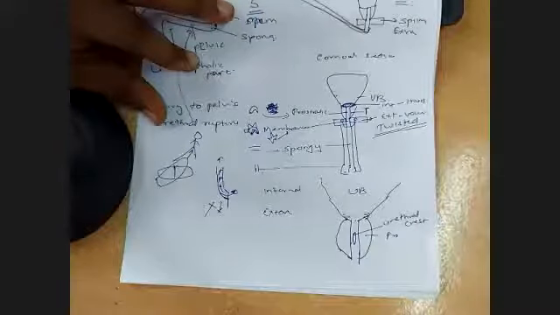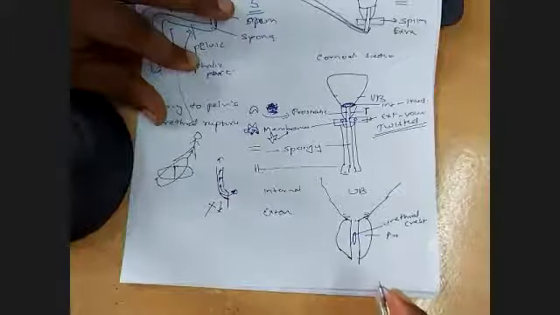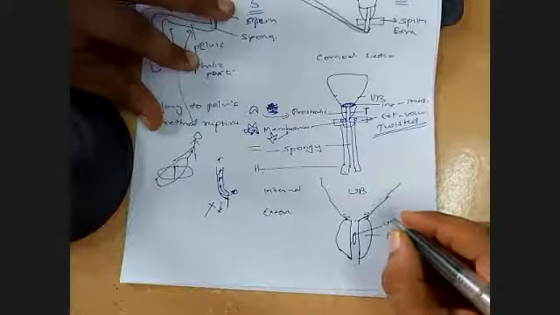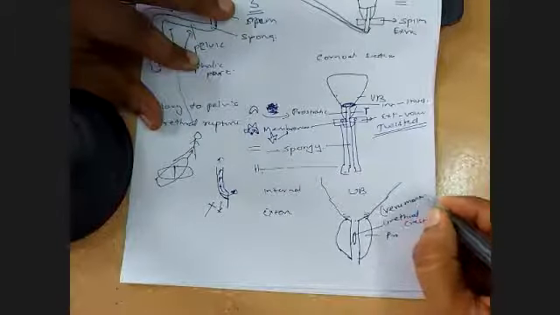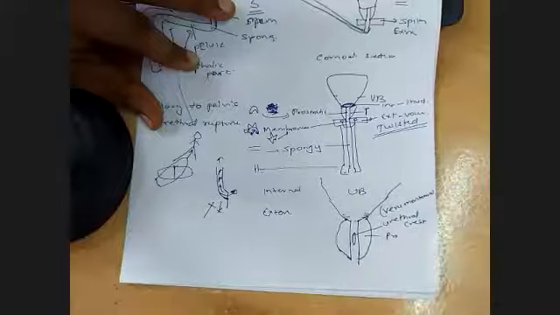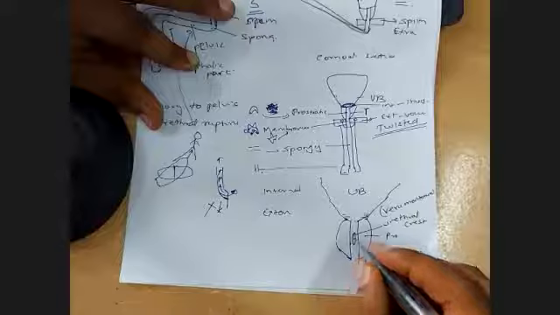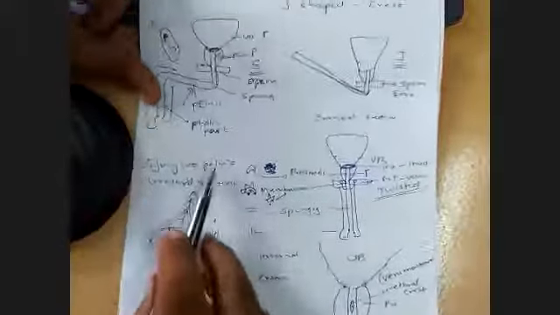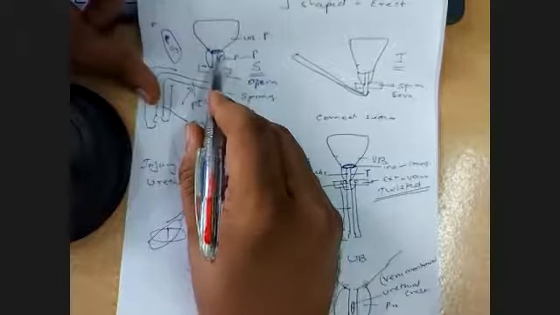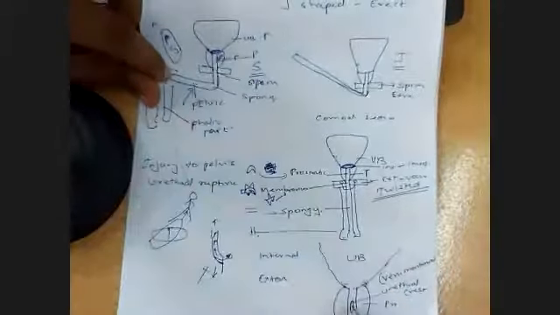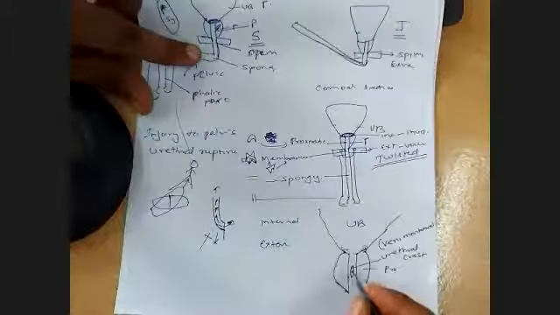Another name for this urethral crest is verumontanum. Opening on this urethral crest, you can see in this diagram that there is a prostatic utricle. It will open here. Now this you are looking from the side. When you look from the front, you see the prostatic utricle.